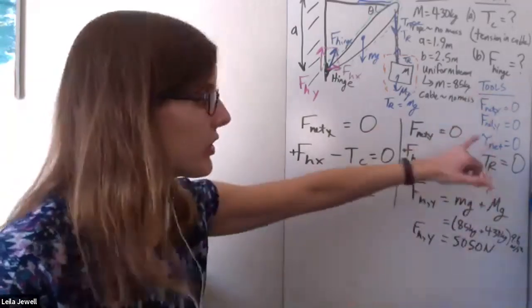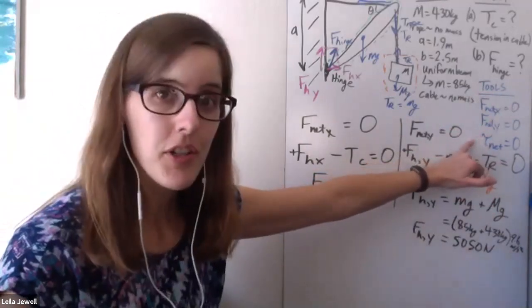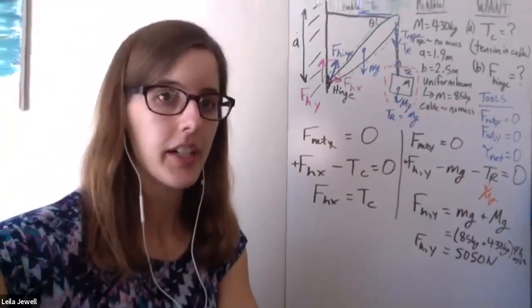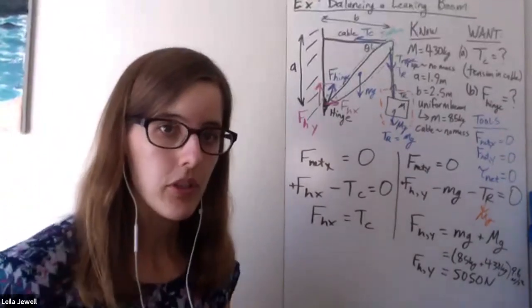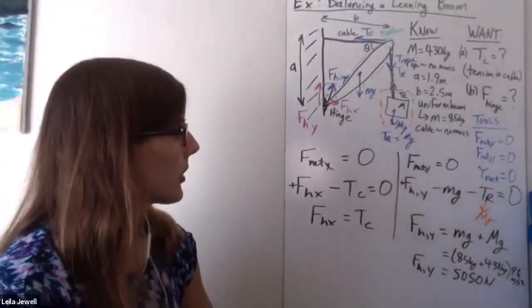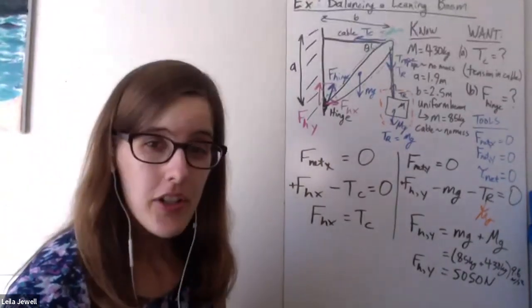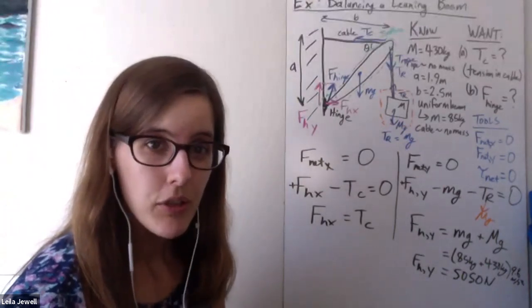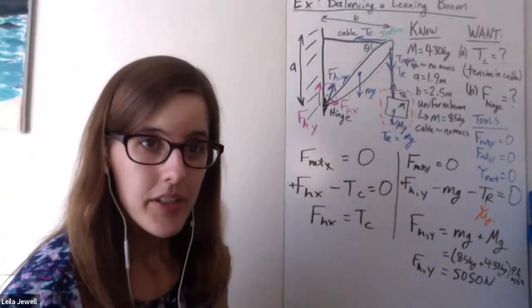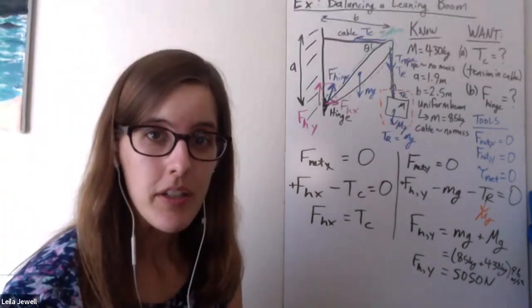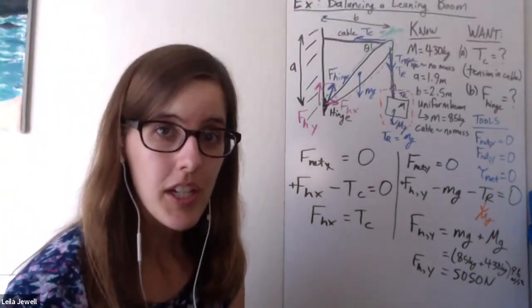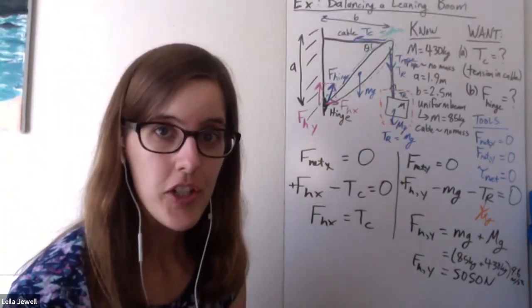Remember though, before we can use this equation, this one's a little harder to use, we have to choose where to put our axis of rotation within the picture. So thinking about the picture, we want to place it strategically to eliminate an unknown force. And while you can put it multiple places, your life will be significantly easier if you place it strategically.